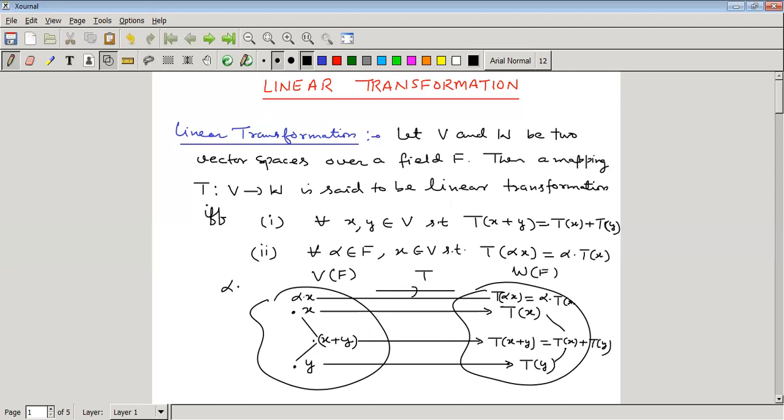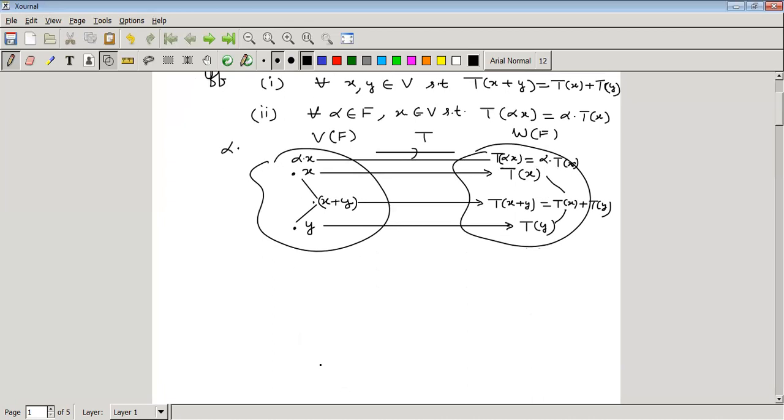That is, if we multiply any scalar with any element of V, then the output is alpha times T of x. If we multiply beta with y, then T of beta y is beta times T of y. So if T satisfies these two conditions from V to W, then T becomes a linear transformation.